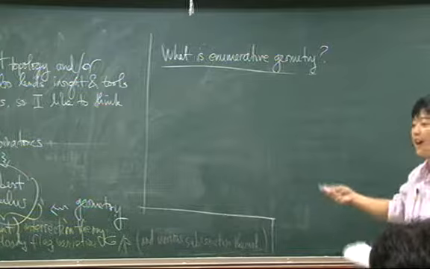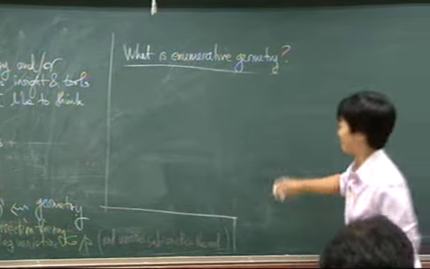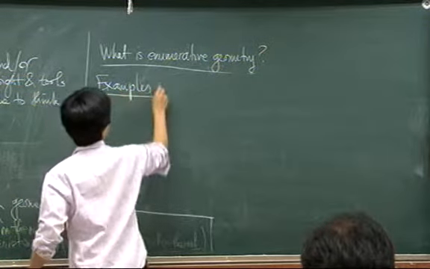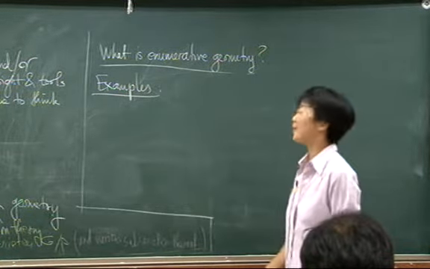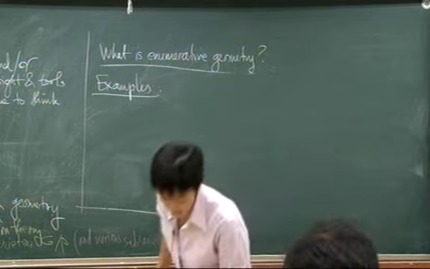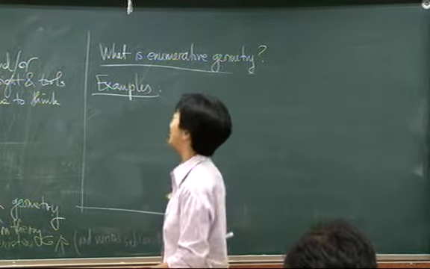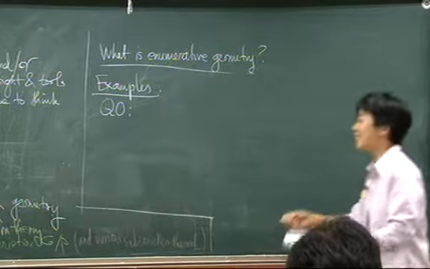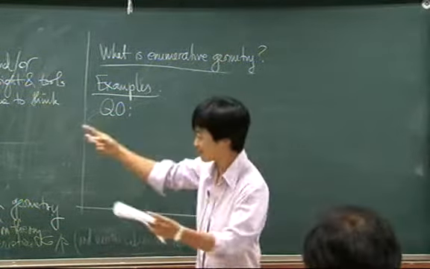I will answer the question merely by giving examples. Enumerative geometry asks certain kinds of questions about how you count some number of things.